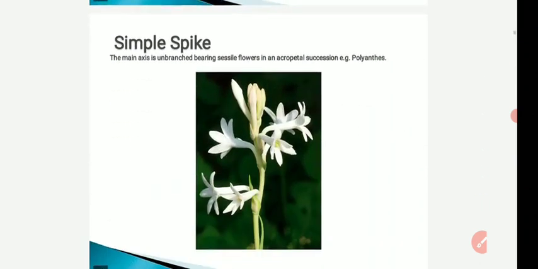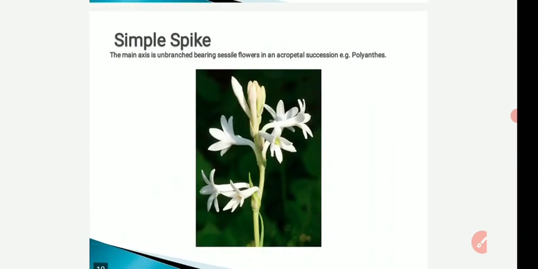Now let's see the next type of racemose inflorescence in which the main axis is elongated, that is spike type of inflorescence. In a spike type of inflorescence, the main axis is elongated and the flowers are sessile and bracteate. That means the flowers do not have a stalk. So there are also two types of spike inflorescence. First one, simple spike. Here the main axis is unbranched and bears sessile flowers in acropetal succession.